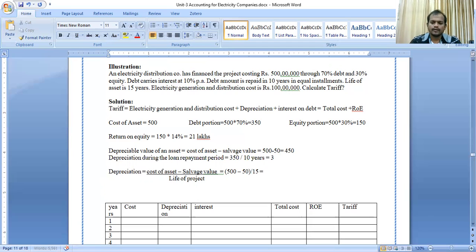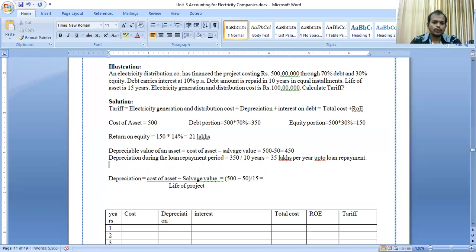So it comes around 35 lakhs per year up to loan repayment. Okay.